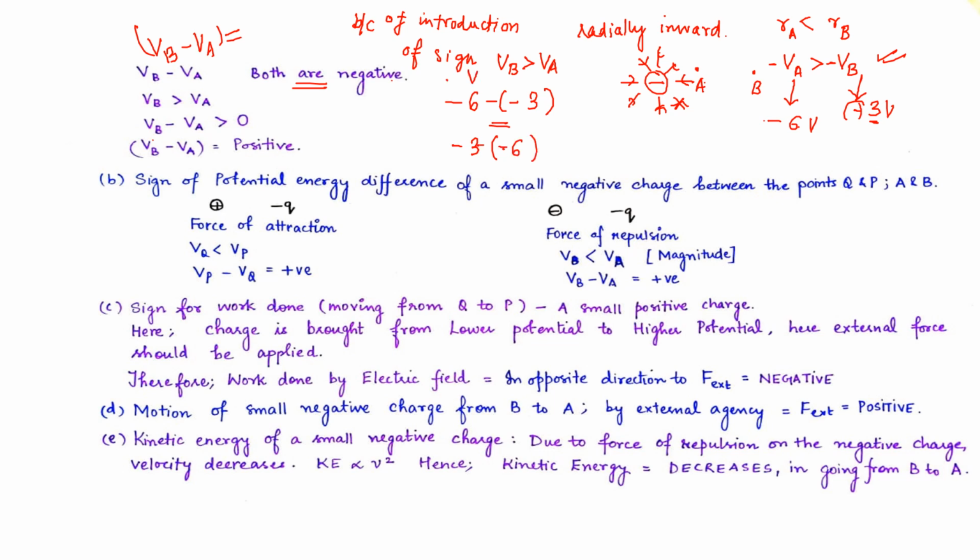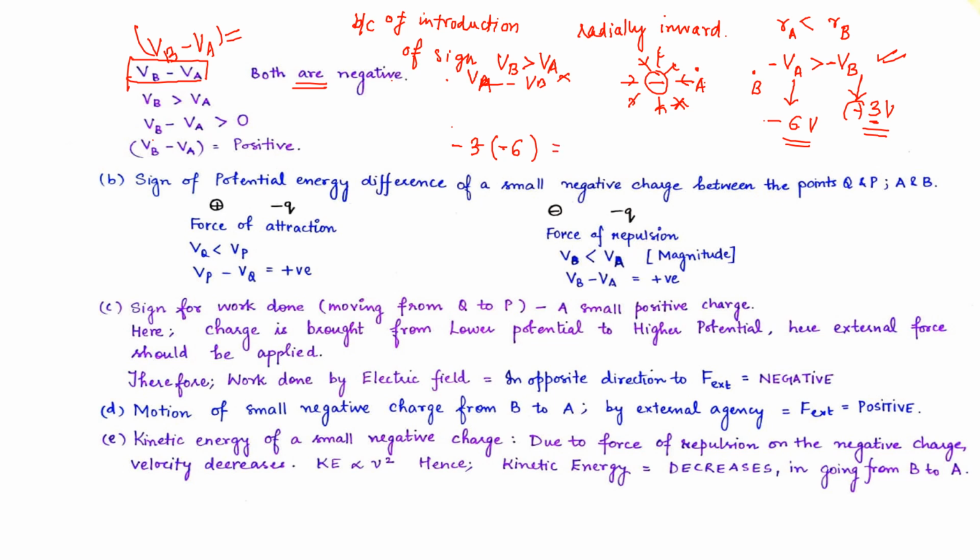We are not going to find VA minus VB. This is not what we are going to find. We will find the potential at B minus the potential at A. So we are taking numeral values for better understanding: the potential at A is given by this and at B is given by this.